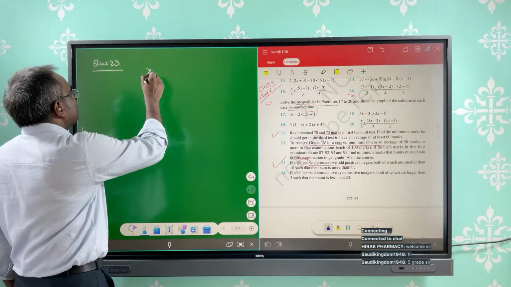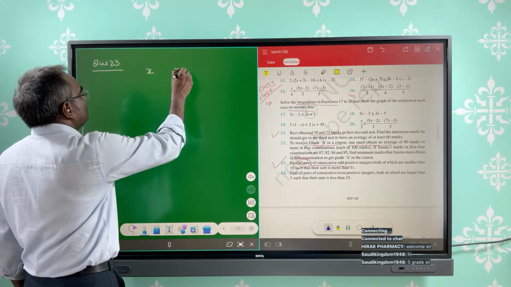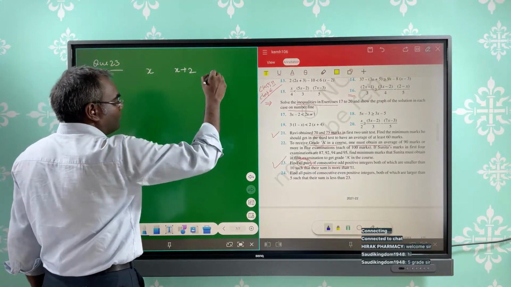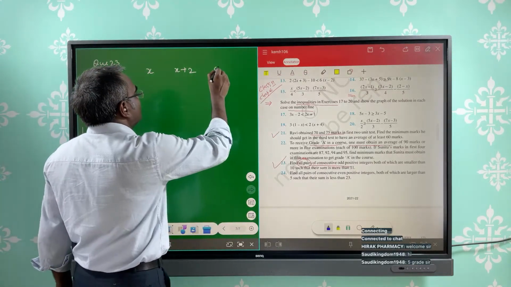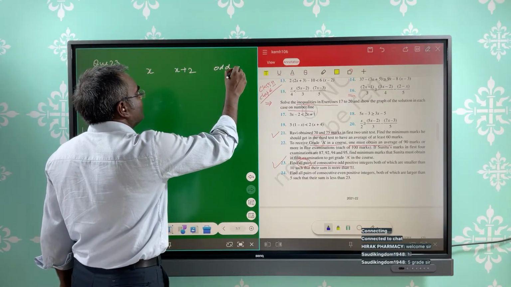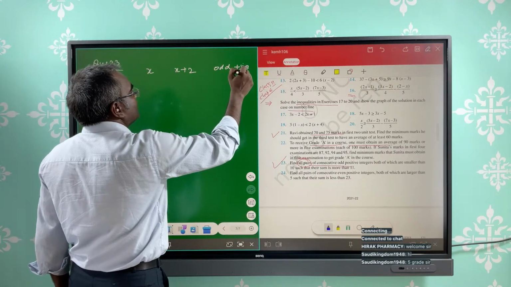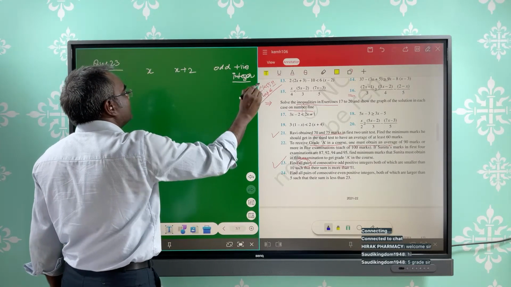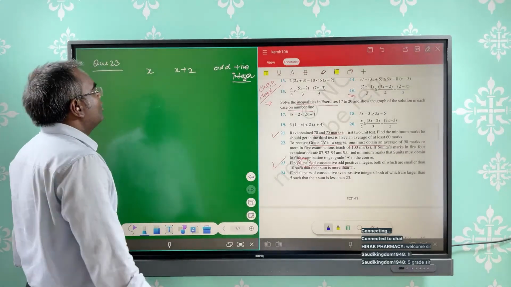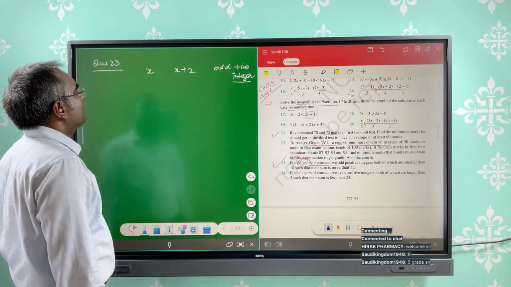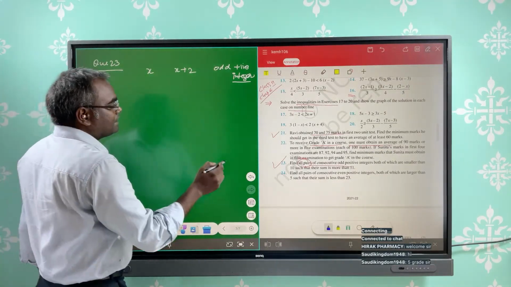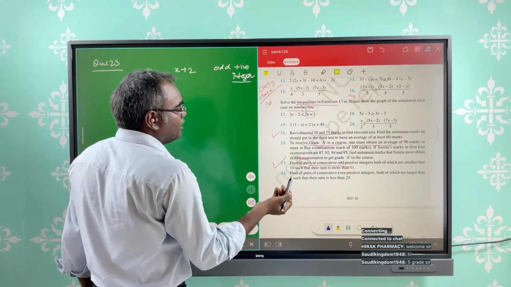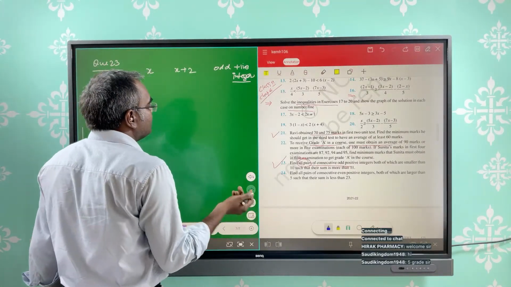So let x and x plus 2 be odd positive integers. They are odd as well as positive integers, basically natural numbers. Right. So the condition given is that both of which are smaller than 10.